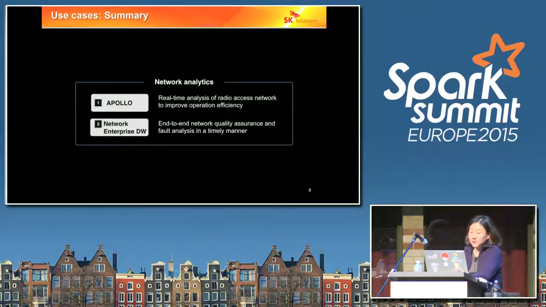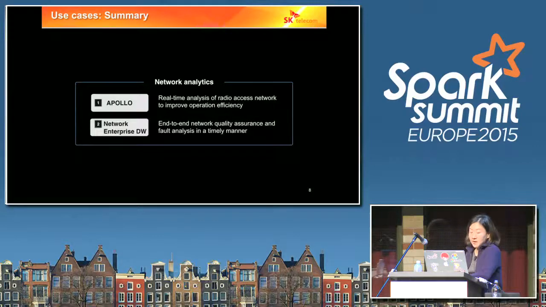Let's get into network analytics, the main subject of this session. Real-time analytics is the first subject in network analytics. First, Apollo. Apollo stands for Analytic Platform for Intelligent Operation. This is the name of the real-time network analytics platform of SKT.